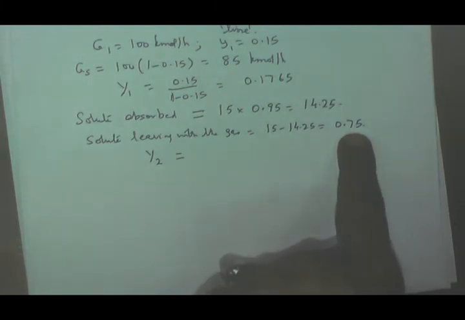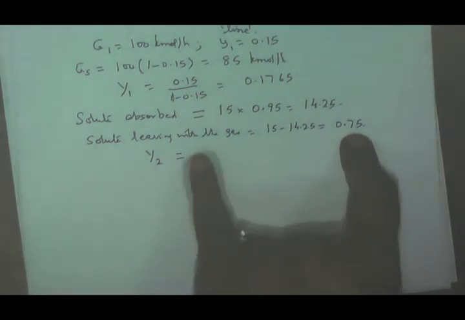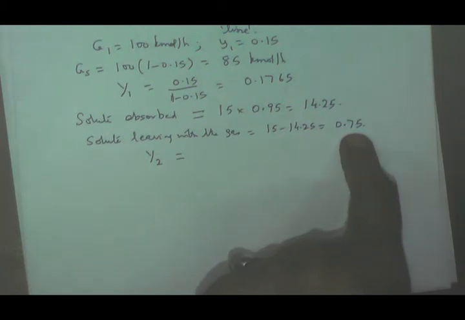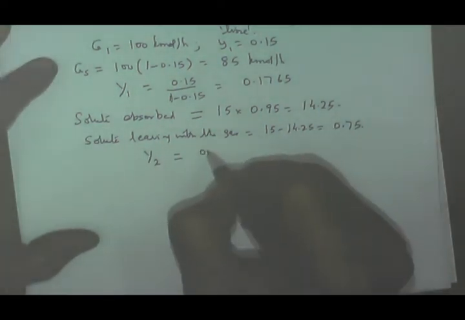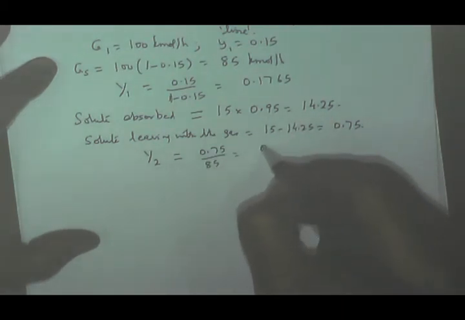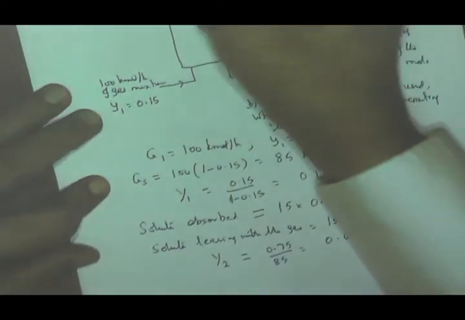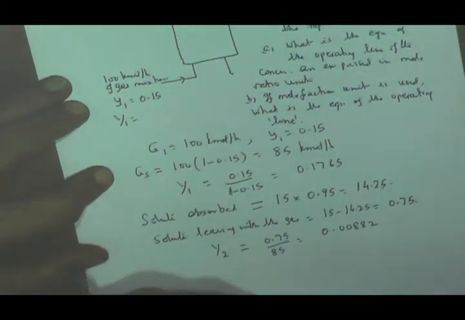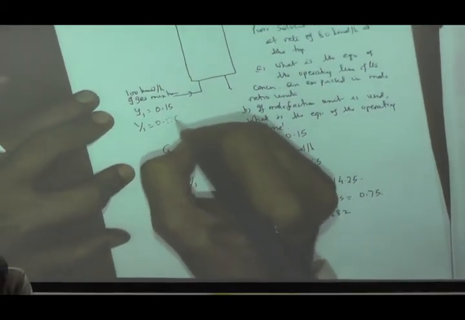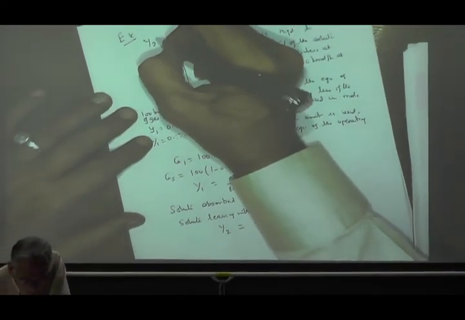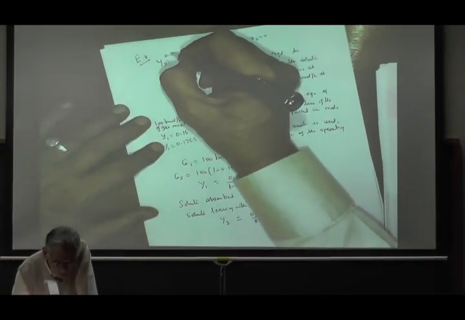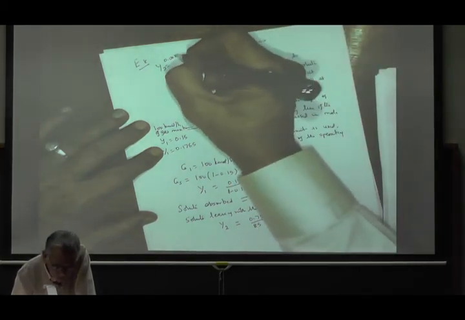So kilomole of solute coming out is 0.75 kilomoles per hour. How much is the solute free part? 85. So that is simply 0.75 divided by 85, which comes out to be 0.00882. So Y1 we know, which is 0.1765, and Y2 we have just calculated as 0.00882.